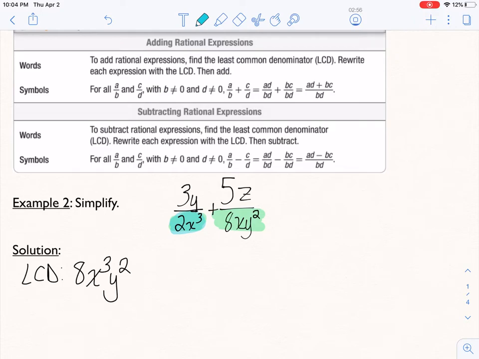To get from 2 to 8, I have to multiply by 4, so I'm going to do that on both top and bottom. I have an x to the third already in the denominator, and that's all I need to get to my LCD, but I'm missing a y squared, so I'm going to multiply top and bottom by y squared.